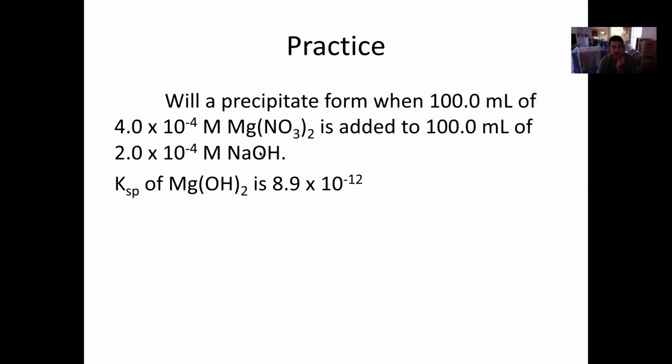And for the sodium hydroxide, we're going to have 1.0 times 10 to the negative 4th. You would be plugging those numbers into the KSP. That would be the concentration magnesium times the concentration of hydroxide, so it's going to be 2 times that squared. All right, and you're going to compare it to the 8.9 times 10 to the negative 12. So you can do that practice on your own.